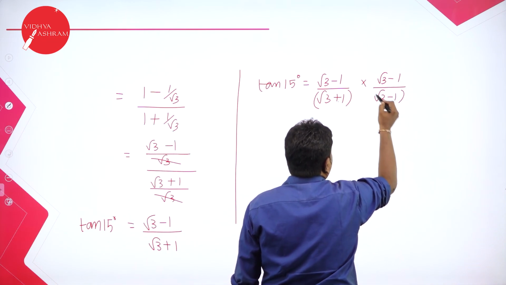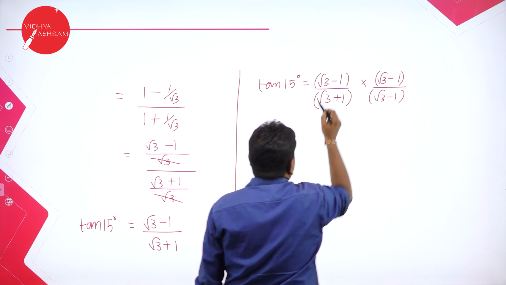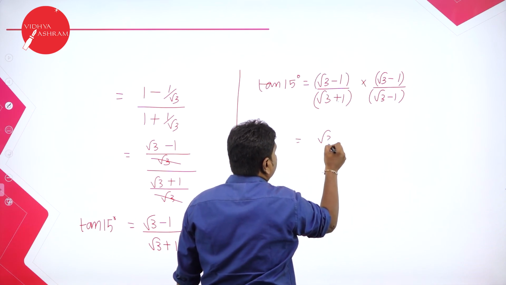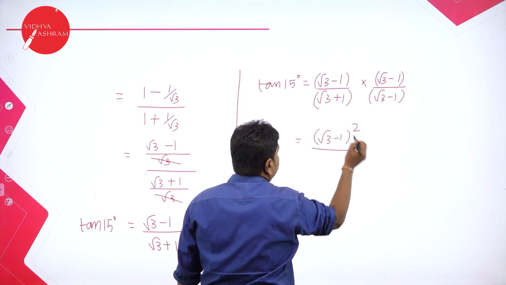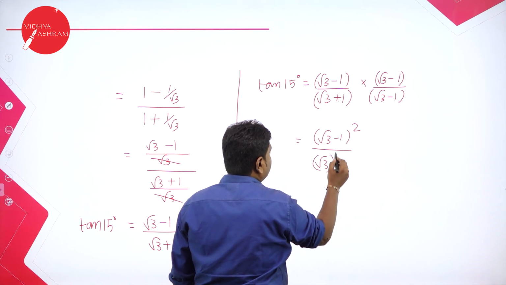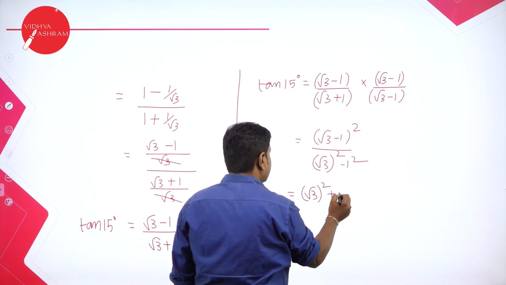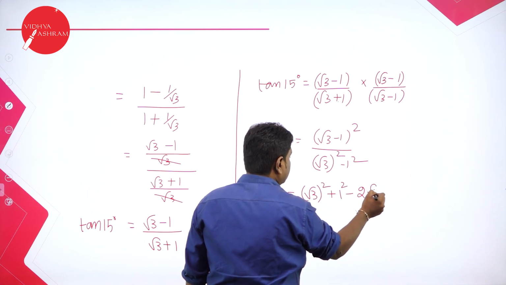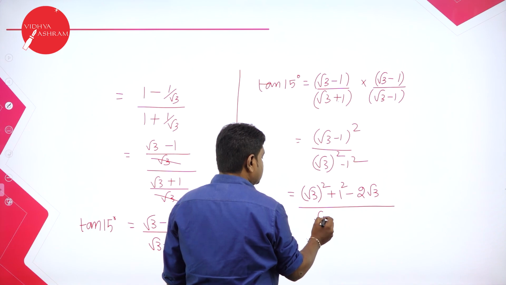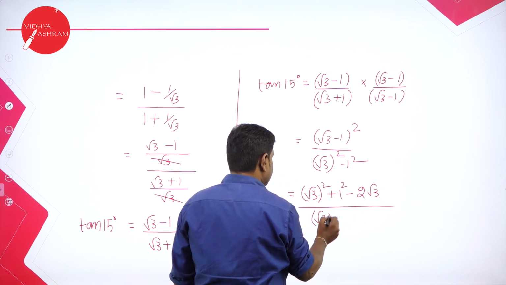Root 3 minus 1. So divide and multiply with this. Numerator: a minus b into a minus b, the whole square. Denominator: a plus b into a minus b, a square minus b square. So root 3 square plus 1 square minus 2 root 3, divided by root 3 square minus 1 square.